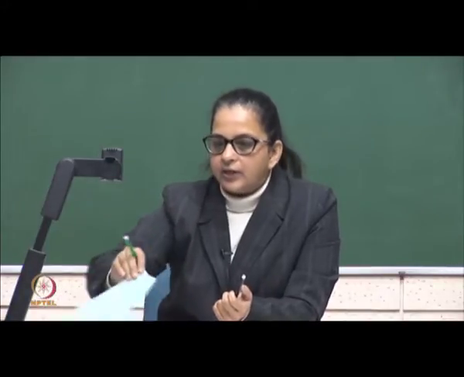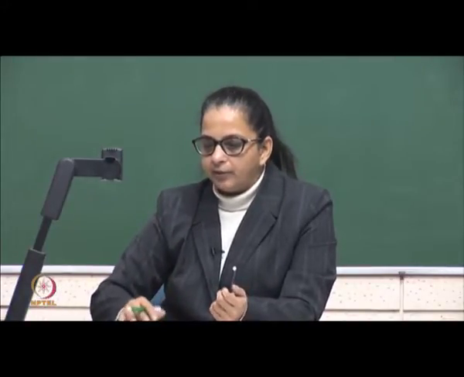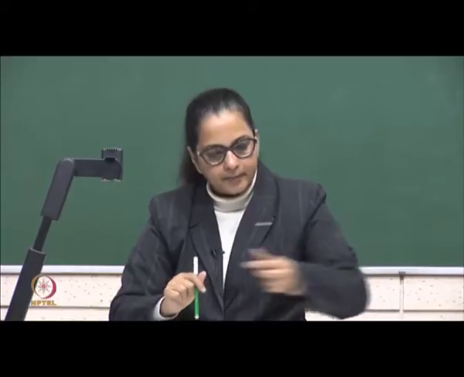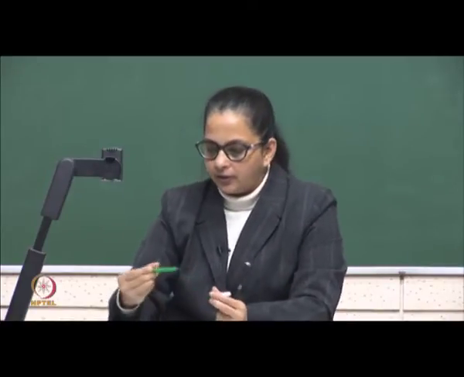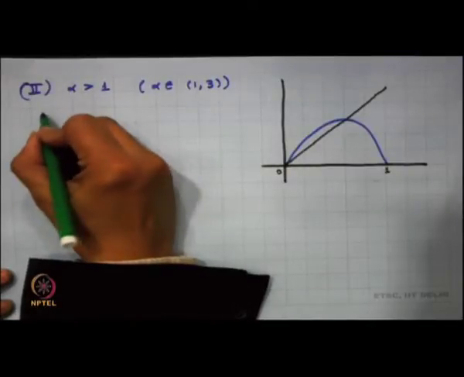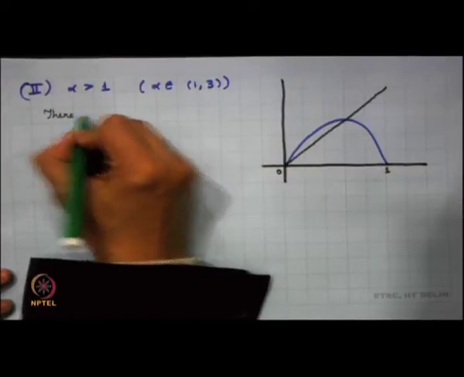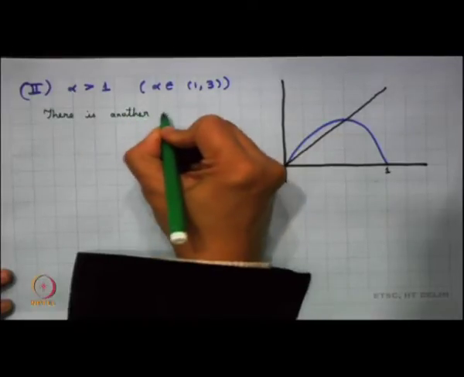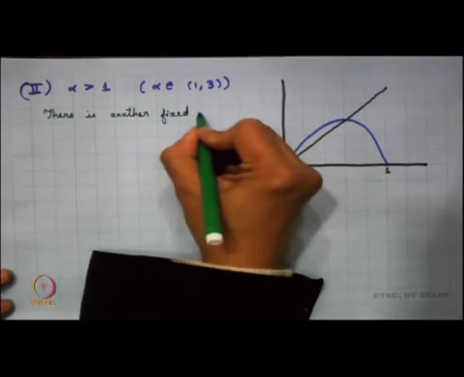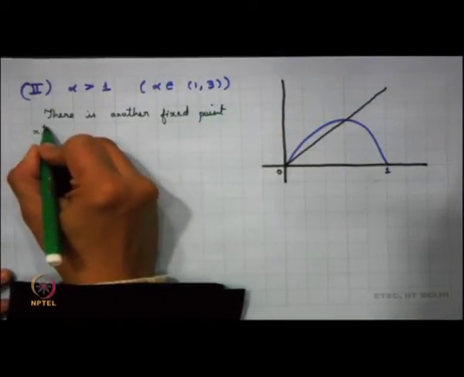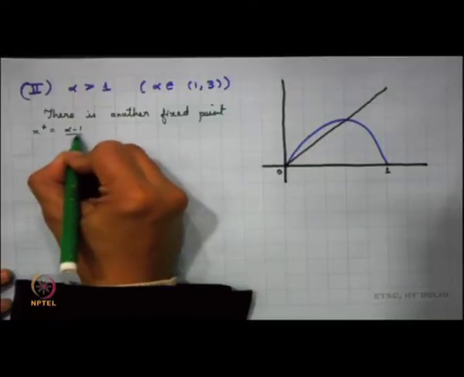So, we look into the case alpha greater than 1. What happens when alpha is greater than 1? Yes, we have another fixed point. Let me call it x star, which is alpha minus 1 by alpha.